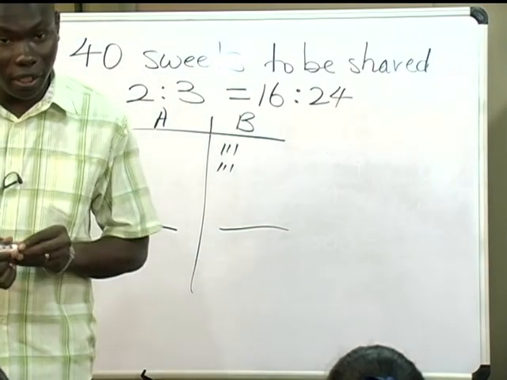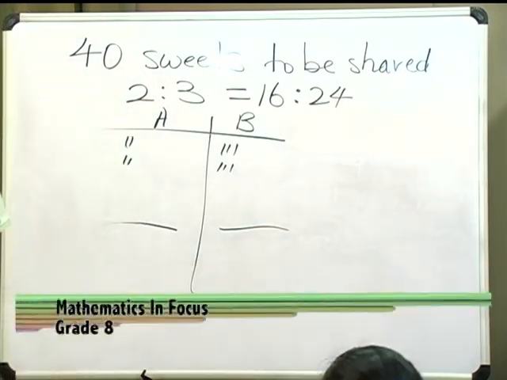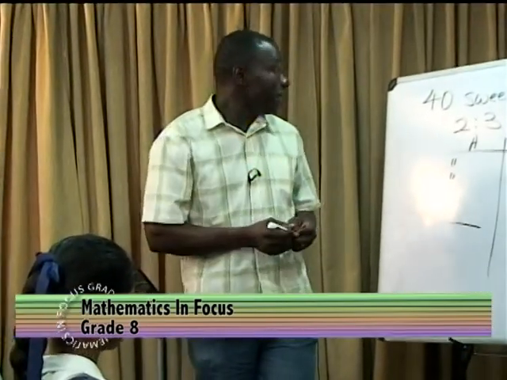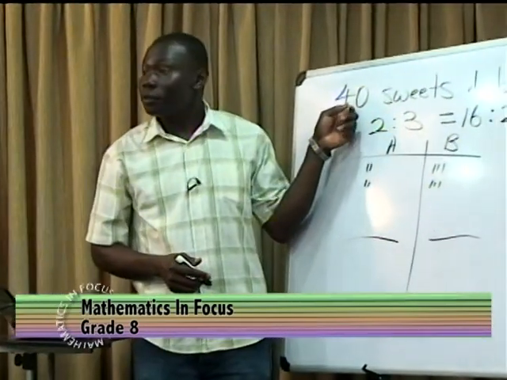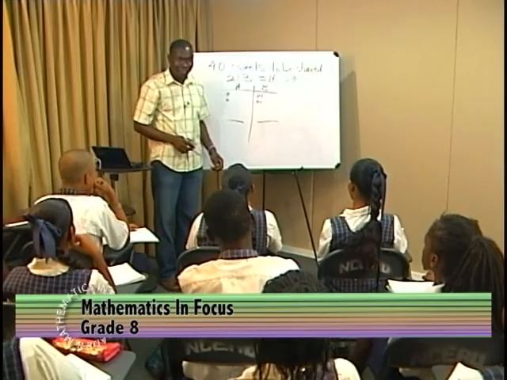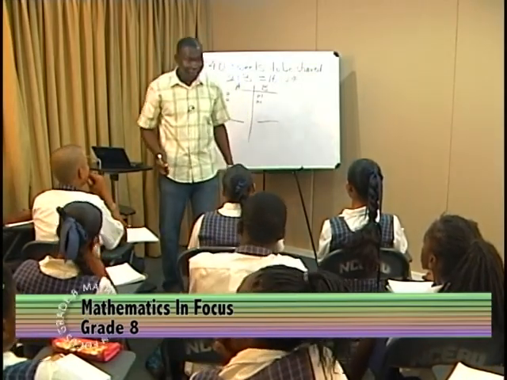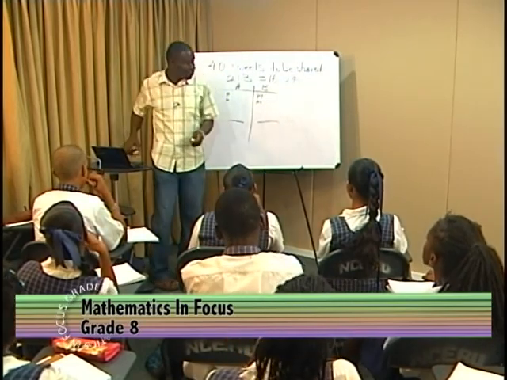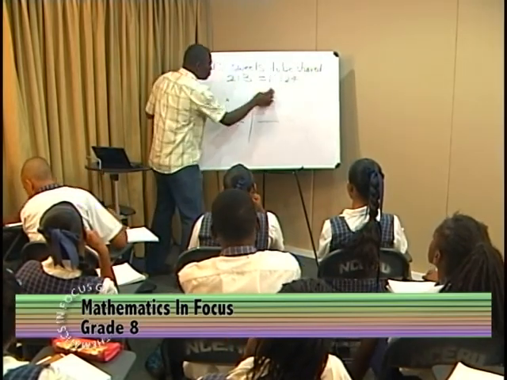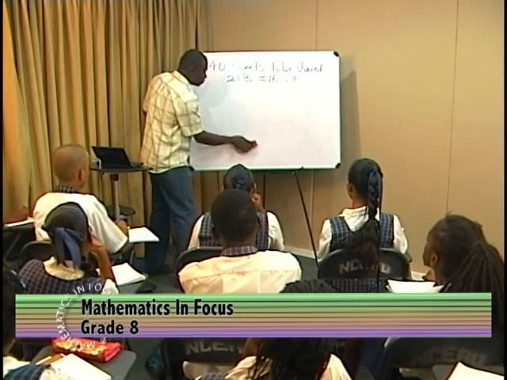That way will help you get the answer, but it will take long. Imagine if the 40 was 4,000. So we wouldn't want to continue to use this approach.